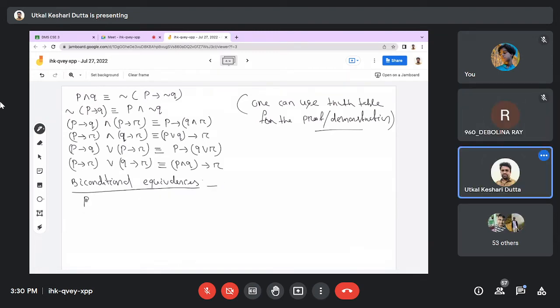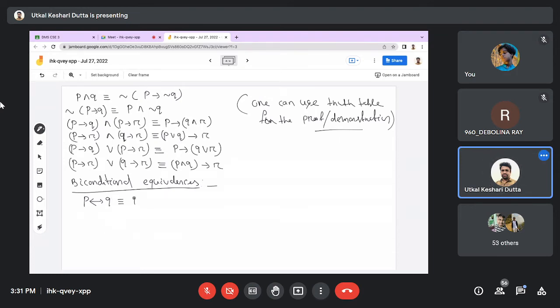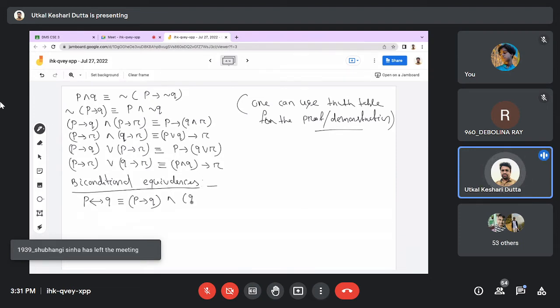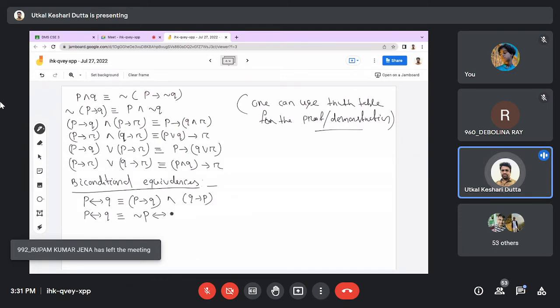Okay. P biconditional Q, that will be equivalent to what? From the definition you can get at least one. What is the biconditional sense? If P then Q and if Q then P. That will also be an equivalent statement of P biconditional Q. There are some others also. P biconditional Q is equivalent to negation P biconditional negation Q. If you find the truth table, both will be the same.